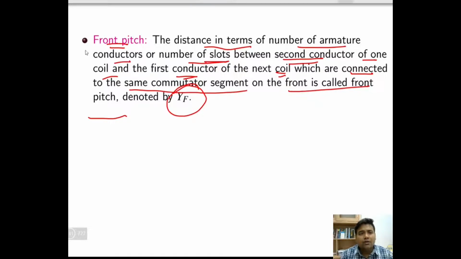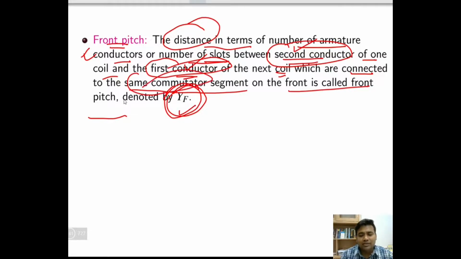The main point of understanding in front pitch is that you have the second conductor of one coil and the first conductor of the next coil. The distance we measure from the second conductor to the first conductor is known as the front pitch, denoted by YF, and it should be in the same commutator segment.